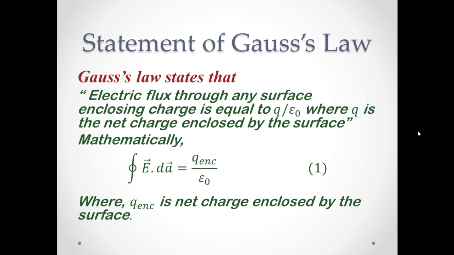Mathematically, Gauss's law is given as integral E dot dA equals Q upon epsilon naught, where Q is the net charge enclosed by the surface, and E is the total electric field at each point on the surface under consideration.